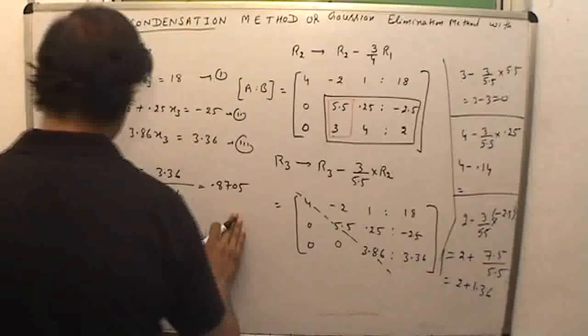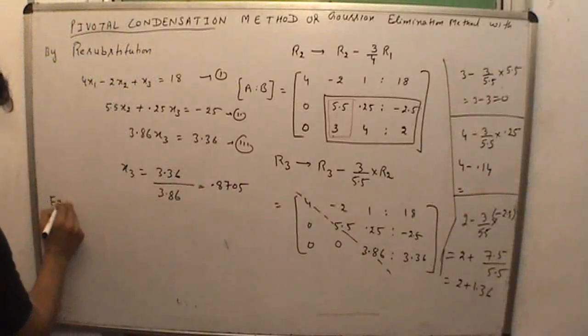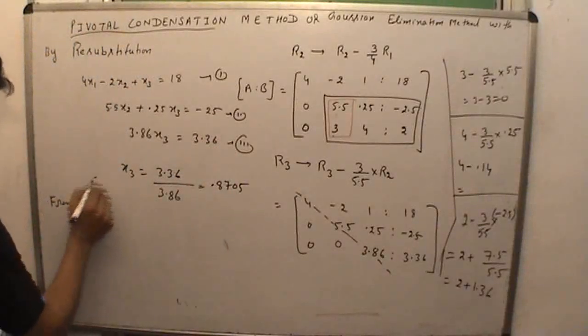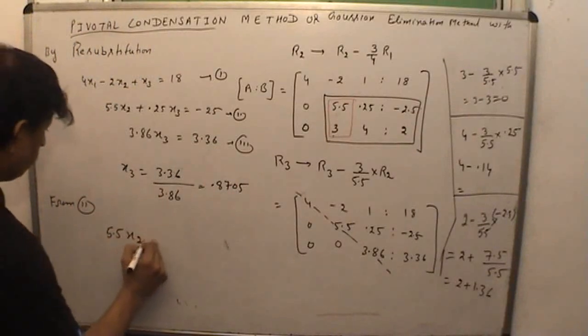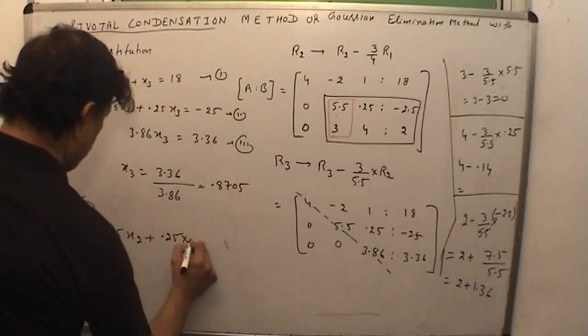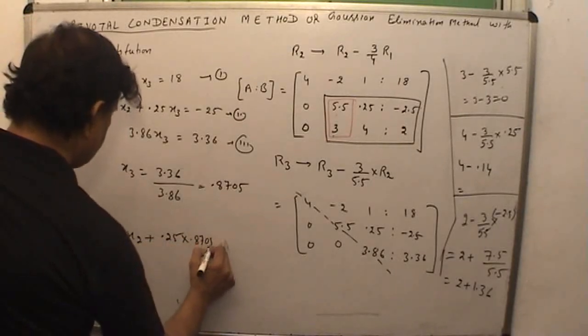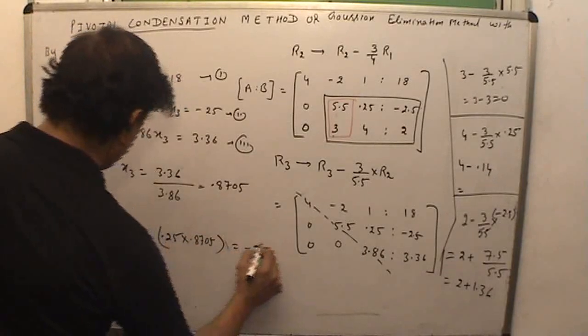Now we put this value of x3 in number 2. From 2, what do we get? 5.5 x2 plus 0.25 into 0.8705 is equal to minus 25.